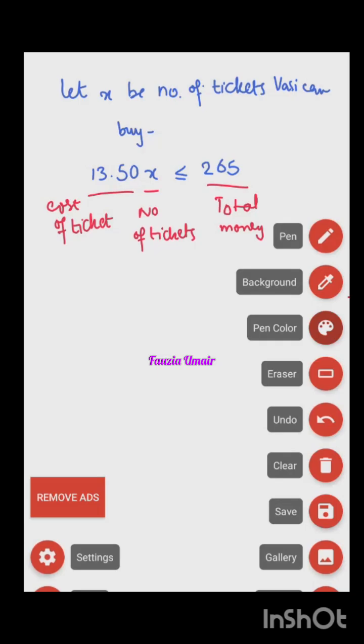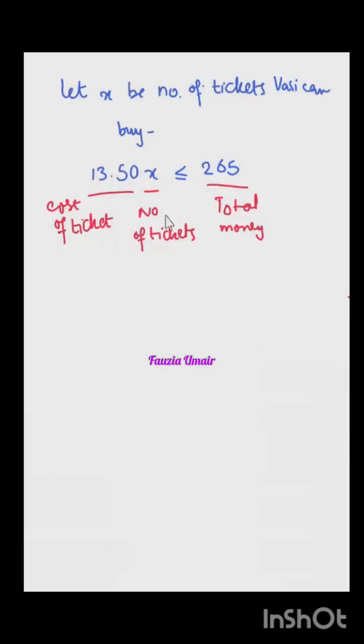Yes, miss. Okay. So now we will solve this simple inequality. x is less than or equal to 265 divided by 13.5, right? Because this might come in paper one, you are not having any calculator.